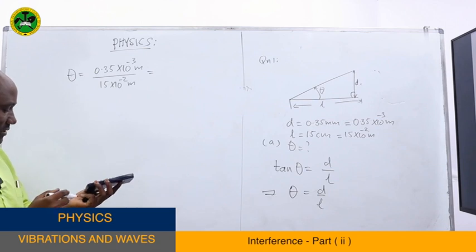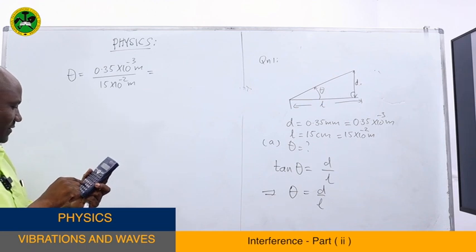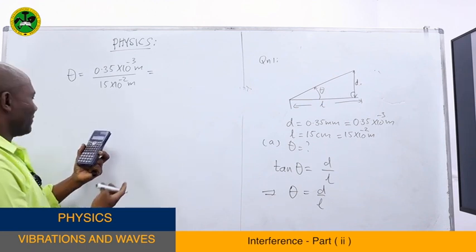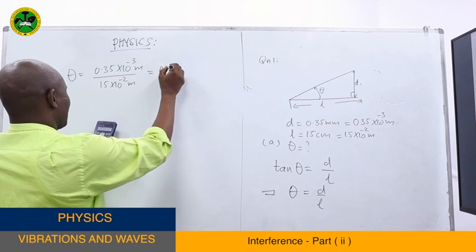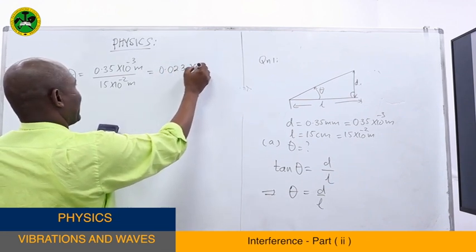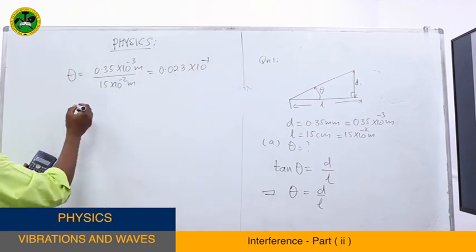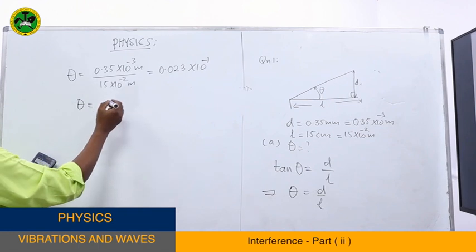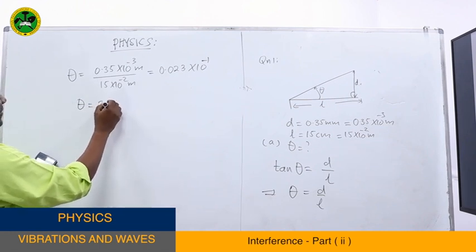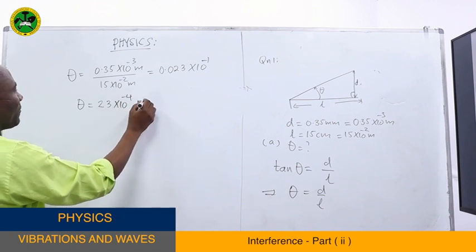So you take your calculator, 0.35 divided by 15, giving us 0.023 times 10 power negative 1. So that is 23 times 10 negative 4 radians.